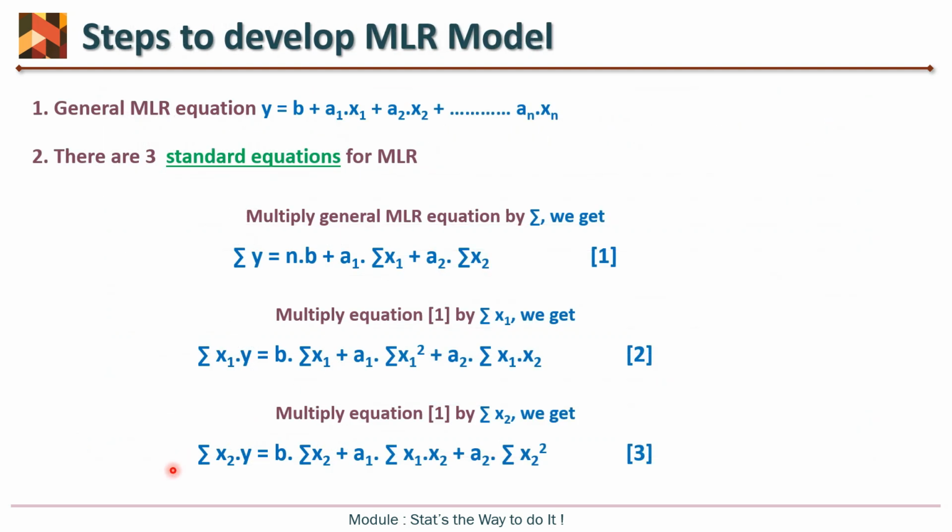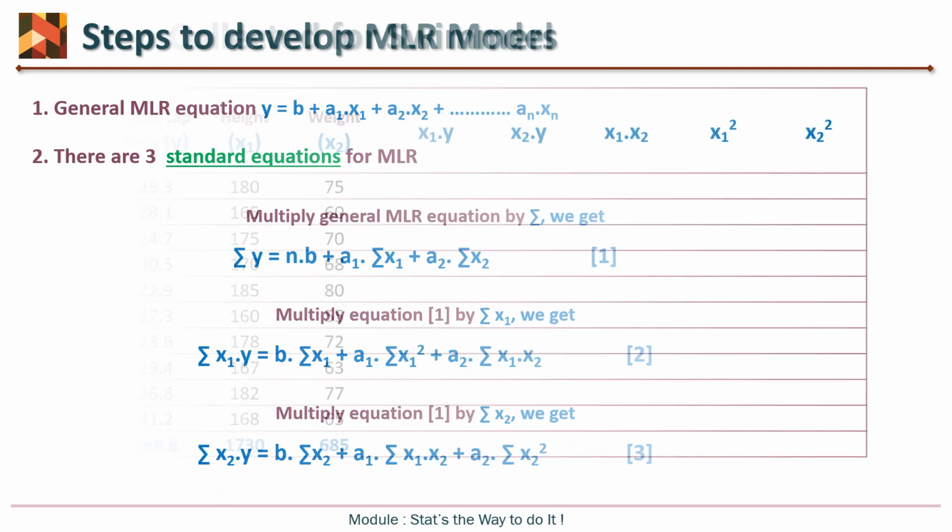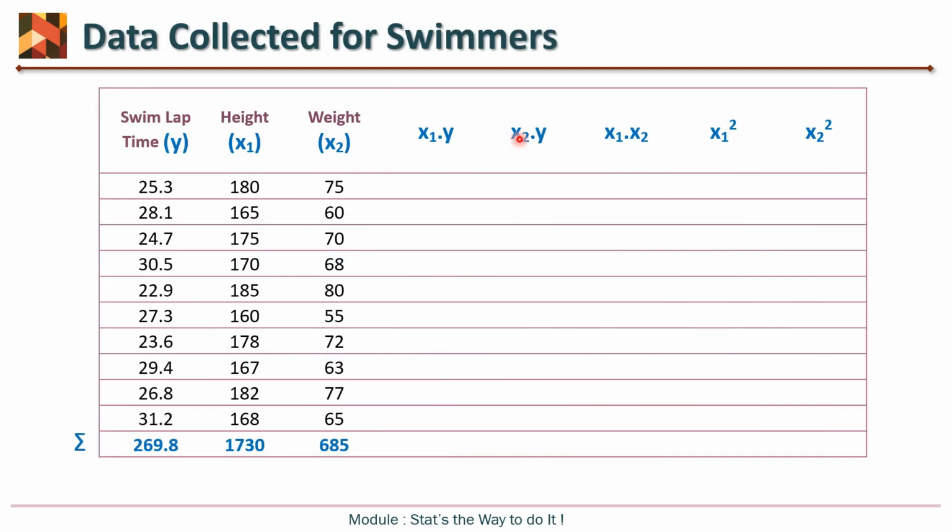Similarly, for equation 3, do we have column x2y? No, we will generate it. We have column x2. We have column x1 x2, we made it here, and we don't have x2 square. So two columns I will generate, x2y and x2 square. In all we have to generate 5 extra columns, which are needed in equations 1, 2, 3.